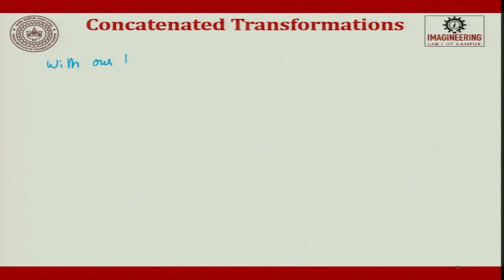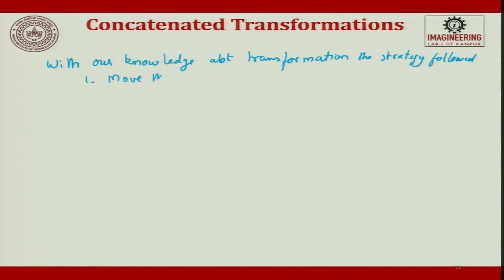With our knowledge about transformation, the strategy followed: first, move the point P into the z axis.